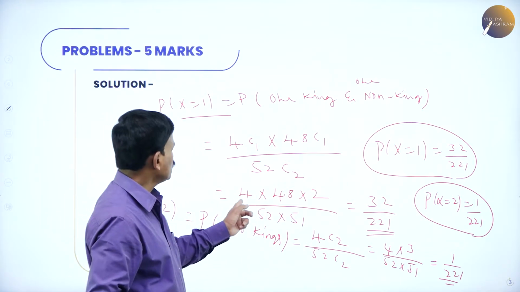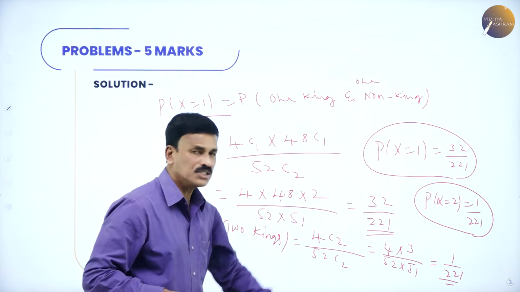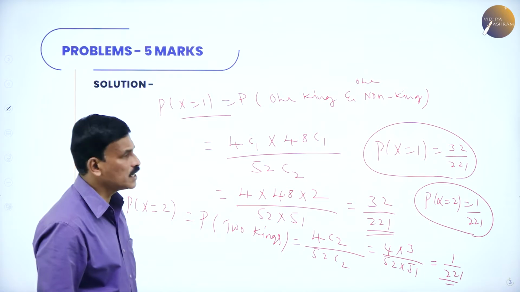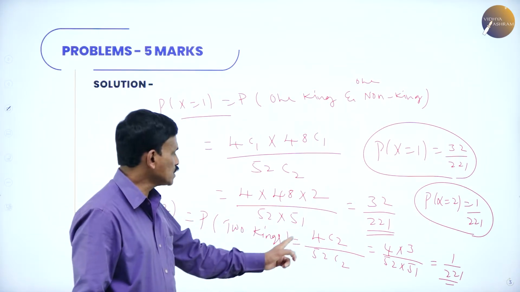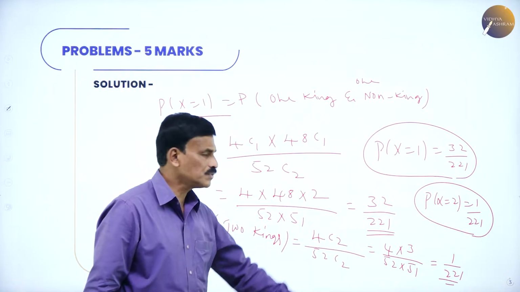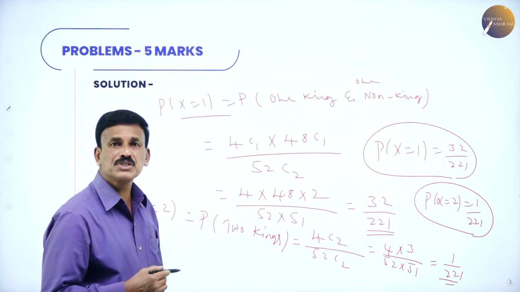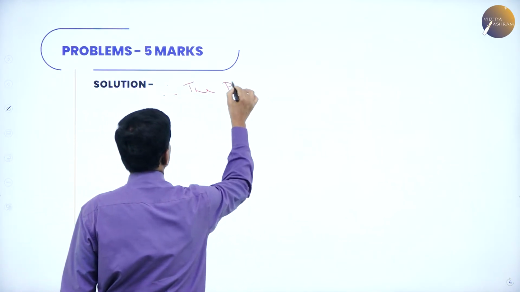On simplification, 4 into 48 into 2 divided by 52 into 51, that is nothing but 32 by 221. Again, probability of x is equal to 2 means two kings. Two kings means 4C2 divided by 52C2, that's equal to 4 into 3 divided by 52 into 51, 1 divided by 221.